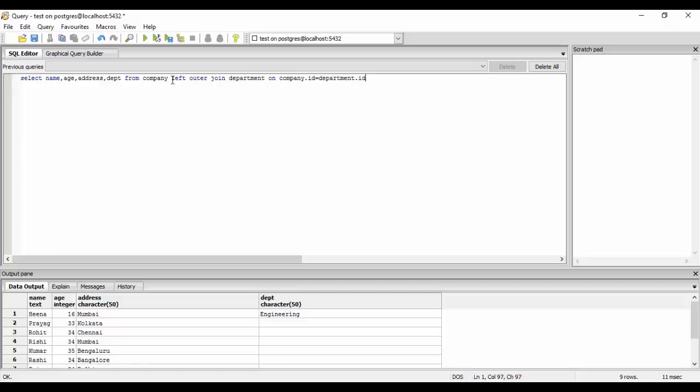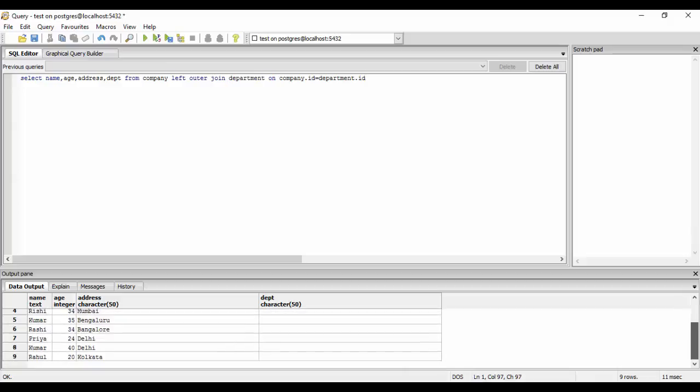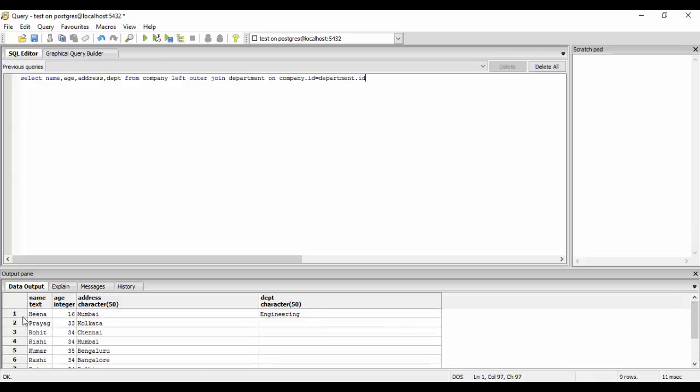So left outer join means the company table on the left hand side is going to be the full table, and the department table would be tested for the join condition, and if it does not match, it will be filled with null values. Here only the number 2 condition matched, so the results are full there, and the rest of the id values did not match, so it is filled by null values. So this was all about the left outer join.